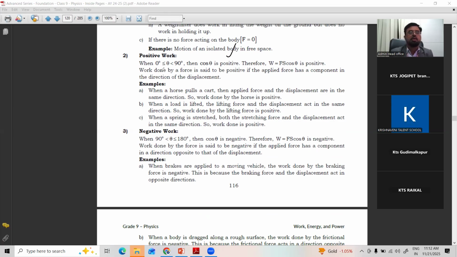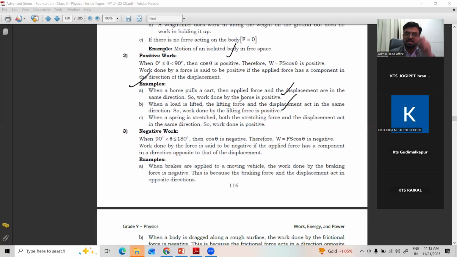Some examples are given for positive work. When a horse pulls a cart, or a bullock cart, they are pulling. Whichever direction the horse is pulling, the body is displaced in the same direction. The applied force and displacement are in the same direction, so work done is positive. When a load is lifted from the ground, the lifting force is upward and the body also moves upward, so that is also positive work done.